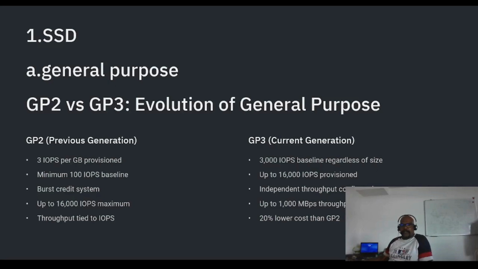Here we have general purpose disks. One is GP2 and another one is GP3. GP2 is given up to 3 IOPS per GB, and a minimum 100 IOPS baseline. A 100 IOPS baseline means guaranteed speed given for this GP2 drive.